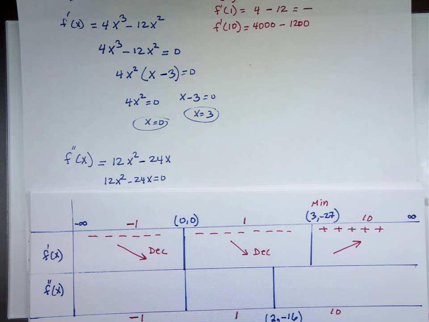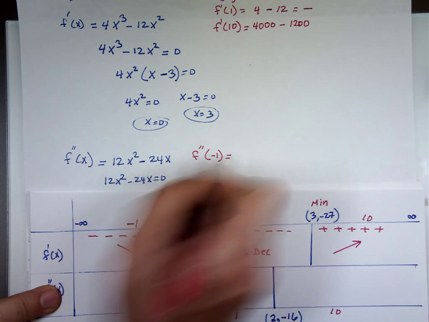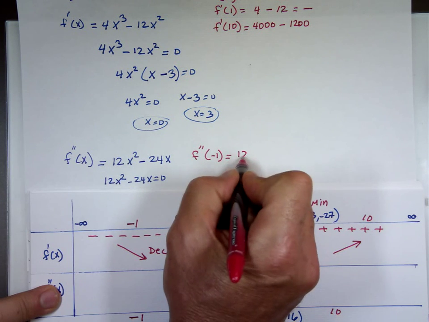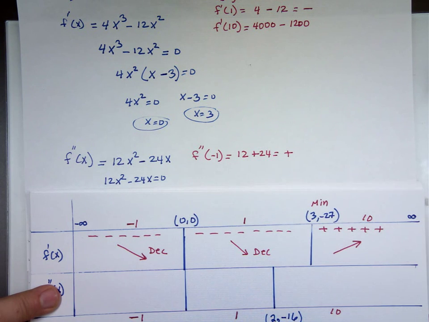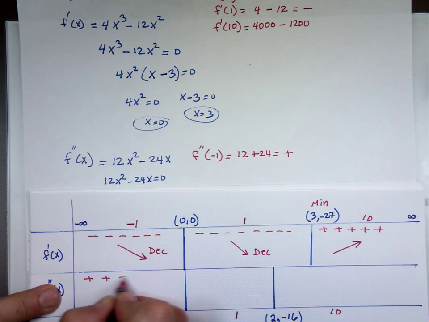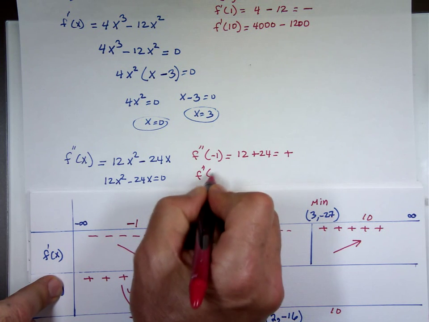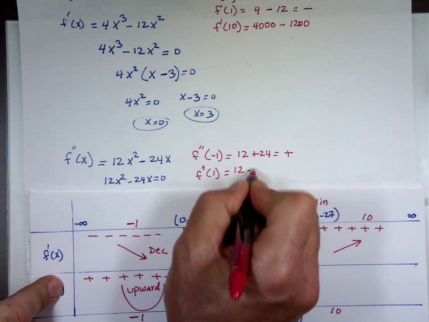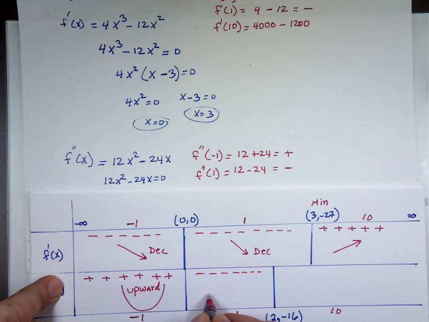Let's plug them in. What is the second derivative at negative 1? That's 1 times 12 is 12, plus 24. All I care, positive or negative? Positive. That's concave upward. Let's try the 1. 12 minus 24, that's a negative. Concave which way? Downward.